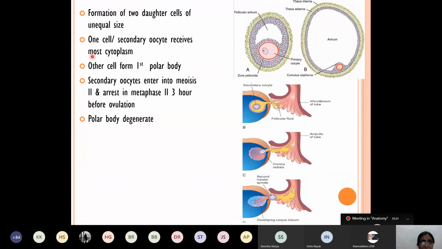So here you can see the secondary oocyte enters into meiosis second and gets arrested in the metaphase second 3 hours before ovulation, and formation of the polar body takes place, and that all gets disintegrated.